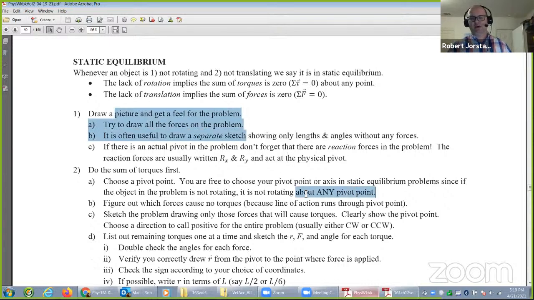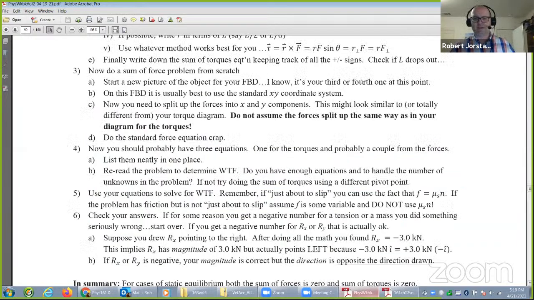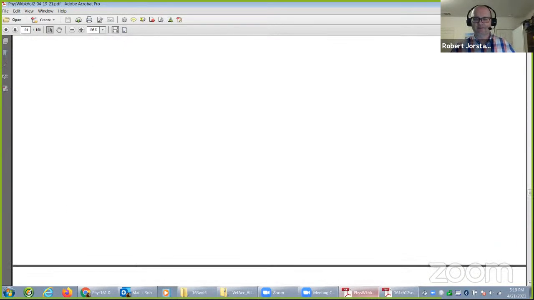You can choose to sum torques about any pivot, and a lot of the problem is figuring out your angles and which pivot to choose for a particular problem, because one choice of pivot is often much easier than the rest. So that's what we're going to focus on today, pivot choice, but with circles in it.